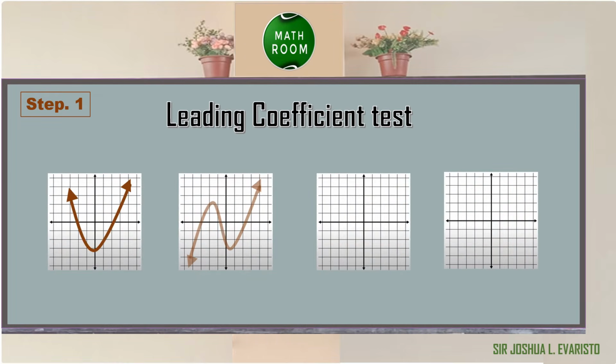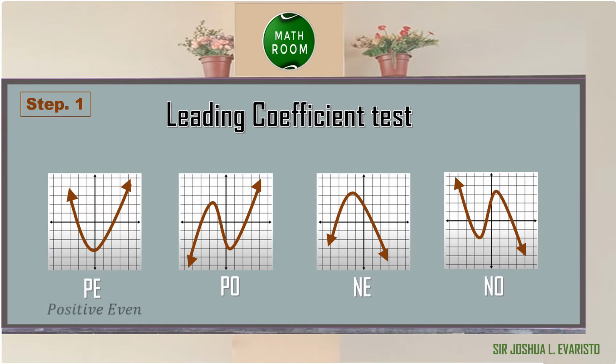The graph can be in the form of PE, PO, NE, or NO, wherein PE stands for positive even, PO is for positive odd, NE for negative even, and NO for negative odd. If the leading coefficient is positive and the degree is even, the behavior of the graph is rising on the left and on the right hand.